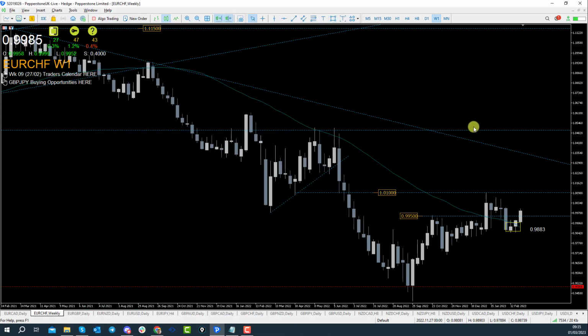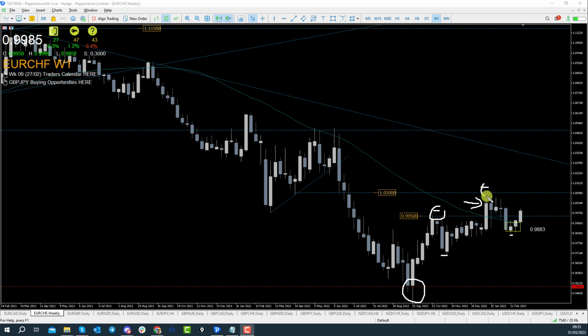So, kicking us off on Euro Swiss, we can see that the market has been in a long-term downward trend. However, we could argue now that after price found support at the 0.95 handle, price has now begun to make higher highs and higher lows. You can see here the recent high at 0.9950 was broken.